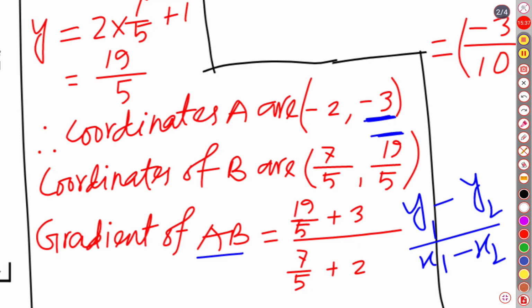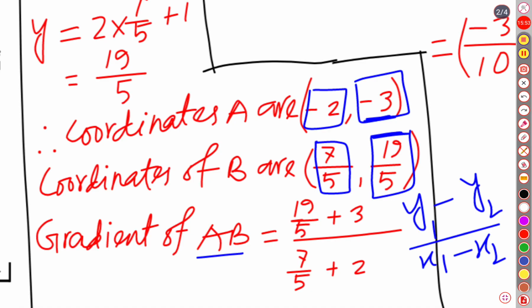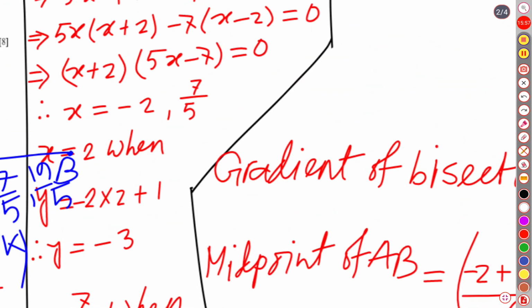So suppose this one is y1, 19 over 5, and this is y2. So y1 minus y2, then x1 minus x2. This one is our x1, and this is our x2. So 7 over 5 plus 2. Then ultimately, what are we going to get?